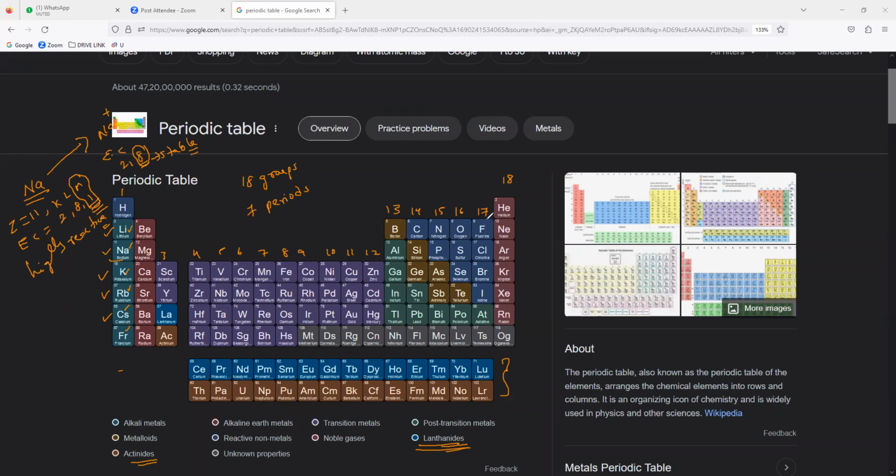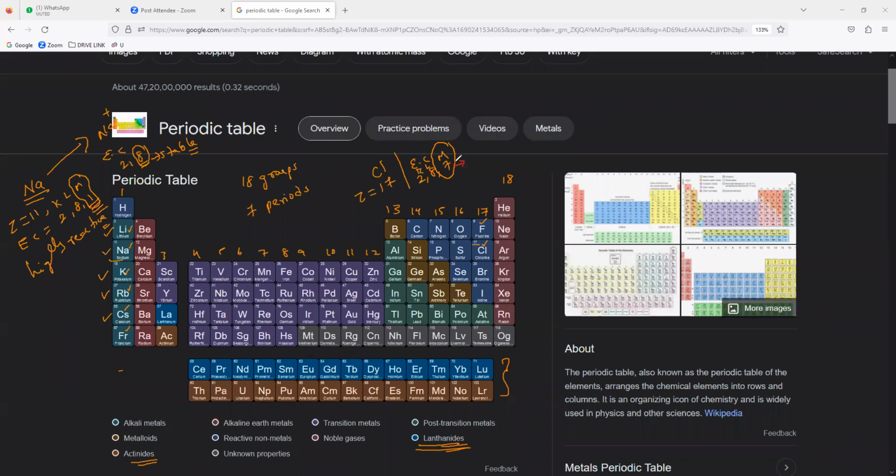In the same way, take the 17th group: fluorine, chlorine. Let me take chlorine, which we are all familiar with. The atomic number of chlorine is 17. The electronic configuration is 2, 8, 7. K, L, M. How many valence electrons? 7 electrons.